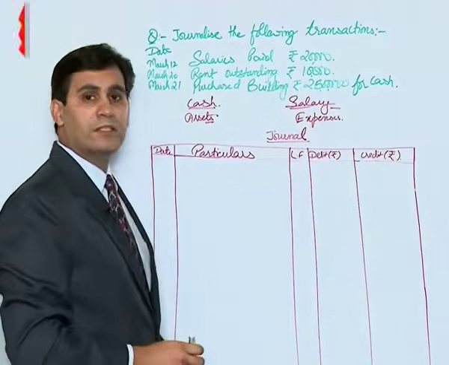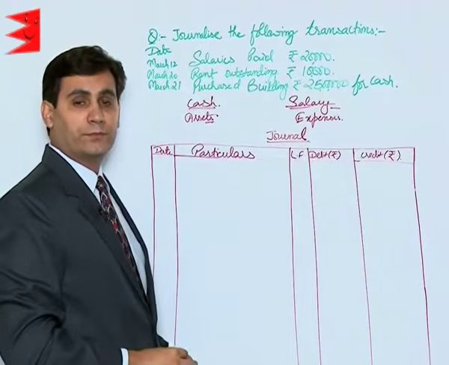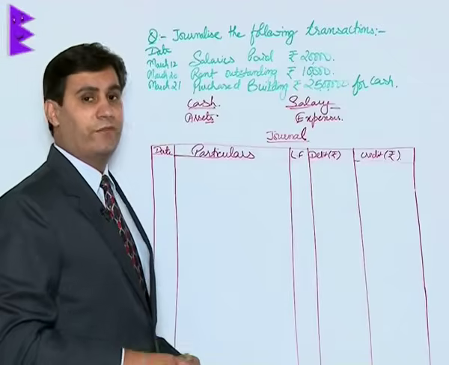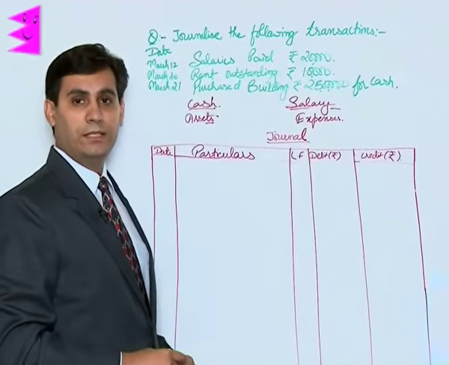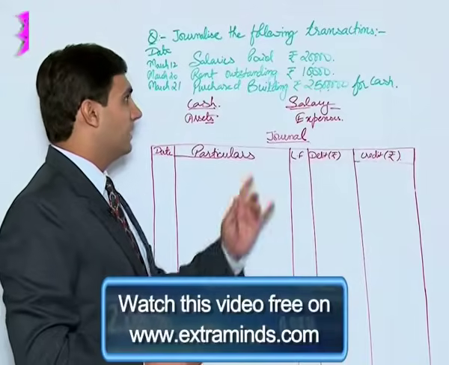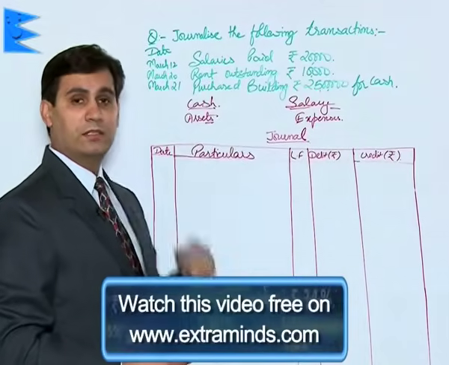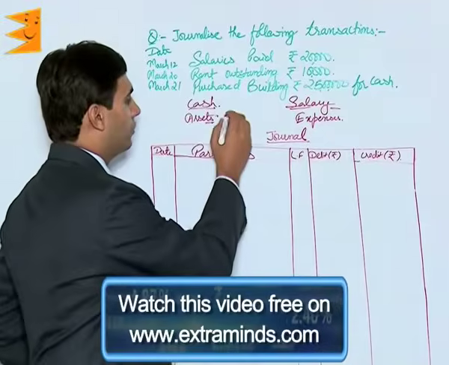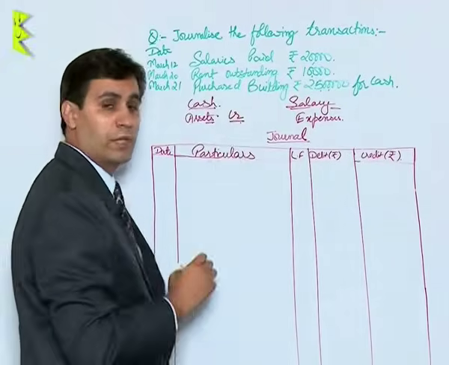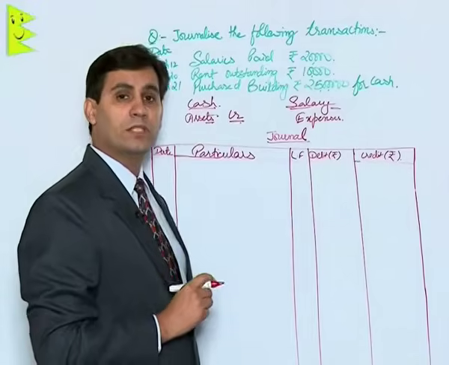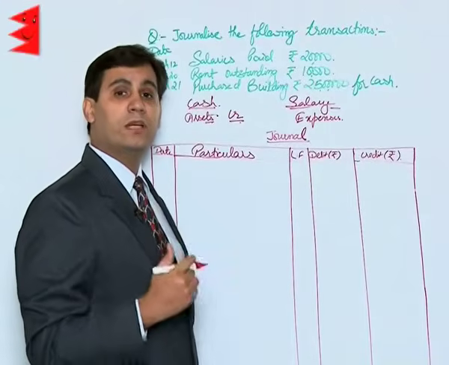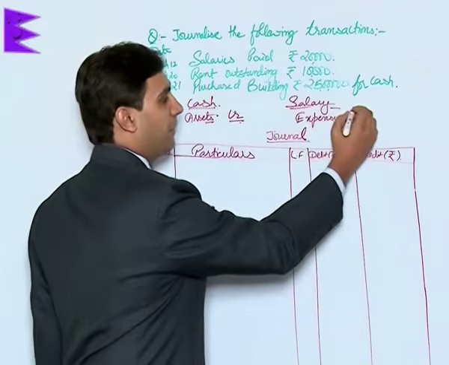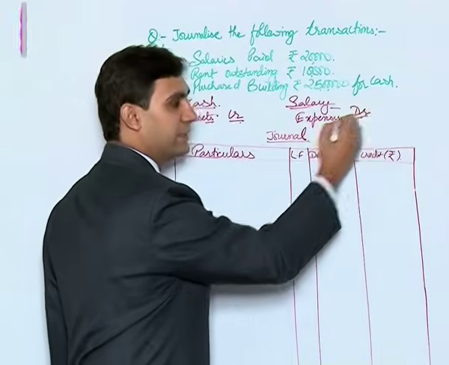Now students, let us recall rules for assets. Whenever there is an increase in asset, it should be debited, and whenever there is a decrease in asset, it should be credited. In this case, since we are paying, that means cash is going out. There is a decrease in cash, so this should be credited. For expenses, the rules are debit if the expenses increase and credit if they decrease. Here we are paying, that means expenses are increasing.